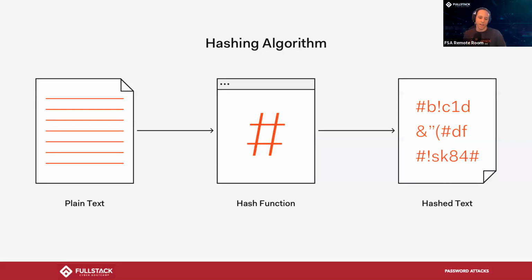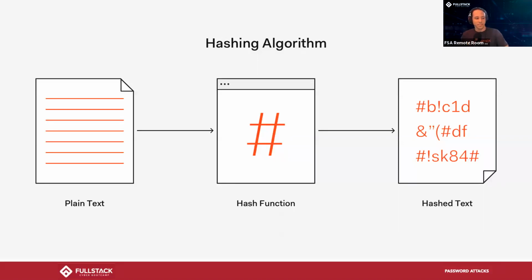The other thing to know about hashes is there's no real pattern to the hash text. There's no way I can look at a hash text and tell what it was originally. And in fact, very small changes in the plain text make a very big difference in the hashed text. And so this is useful to us. We can use hashes as fingerprints.